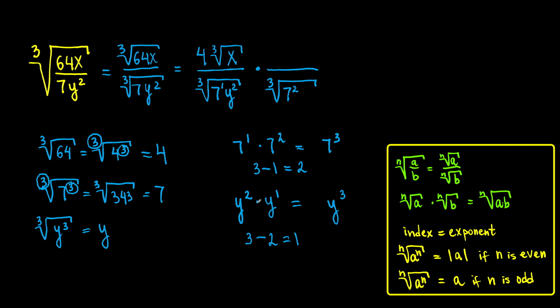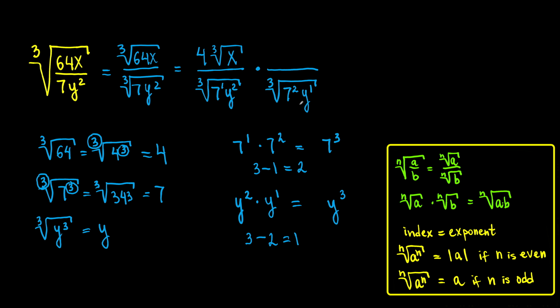Because y squared times y to the first, we have the same base y. We add the exponents. So inside that cube root, we will write y to the first power. So that when we multiply the cube root of y squared times the cube root of y to the first, we will get the cube root of y to the third power, a perfect cube under the root.